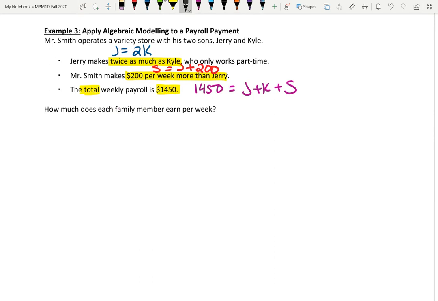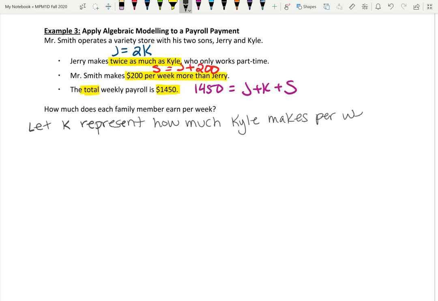In my let statement, I'm going to let K represent how much Kyle makes per week, because all my information is actually relative to Kyle. That's why I'm choosing to solve for Kyle instead of Jerry or Mr. Smith.